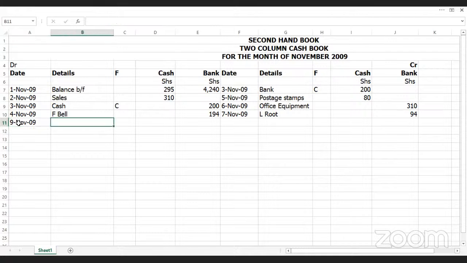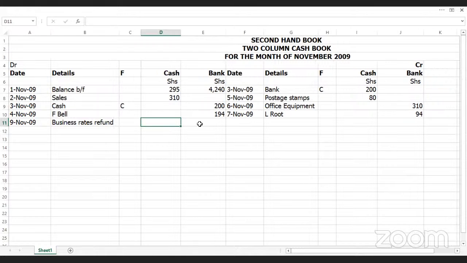Business rates refund means that the business had paid business rates, but they were refunded. So the payment became a receipt after some time. By check, how much? Shillings 115.